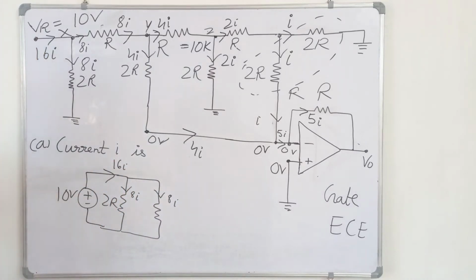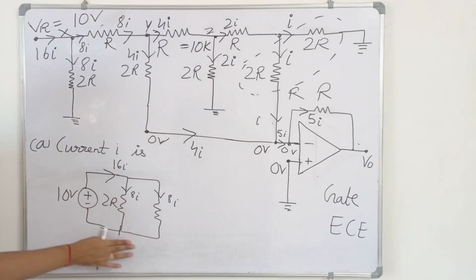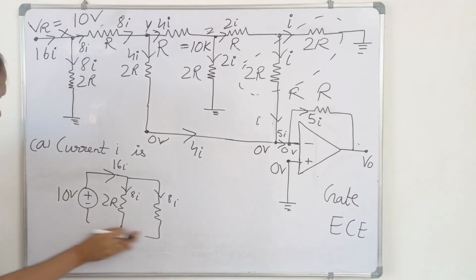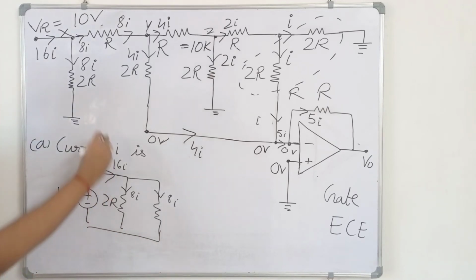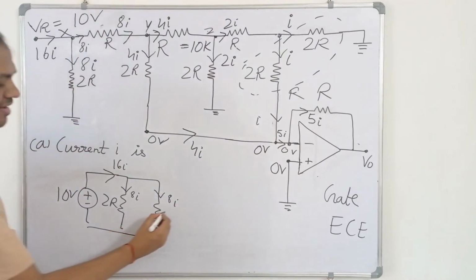Okay, so this is the equivalent circuit, 10 volt, this total current is 16I, this is 2R resistance. So the current through this 2R resistance is 8I, it is connected to ground. And this 8I is current through this equivalent combination of 2R.